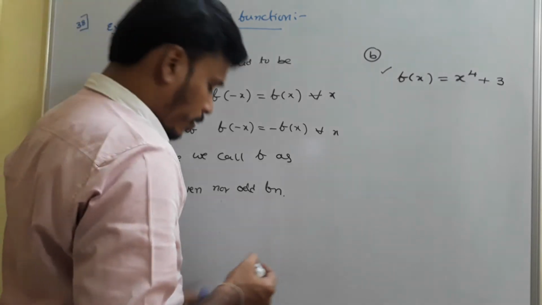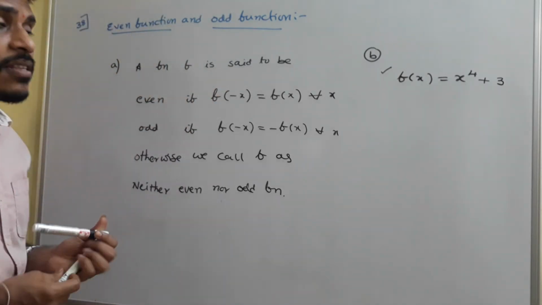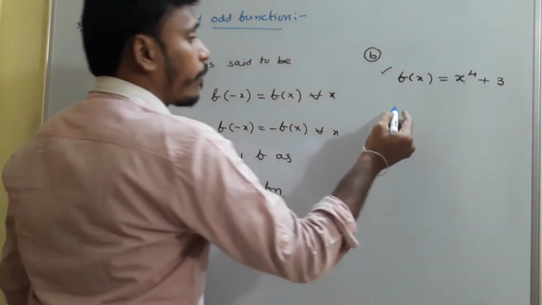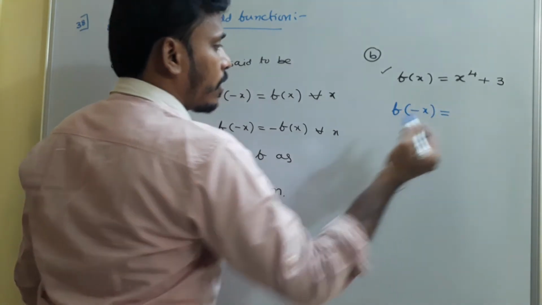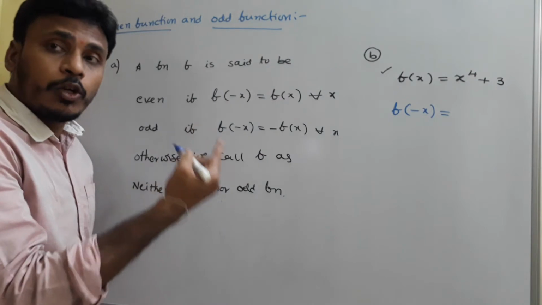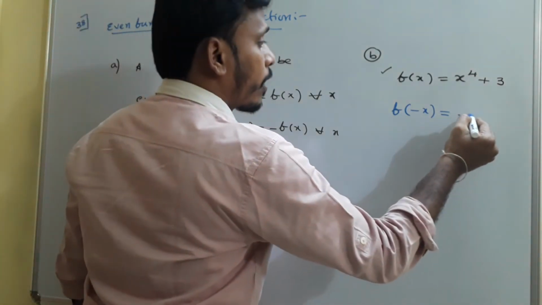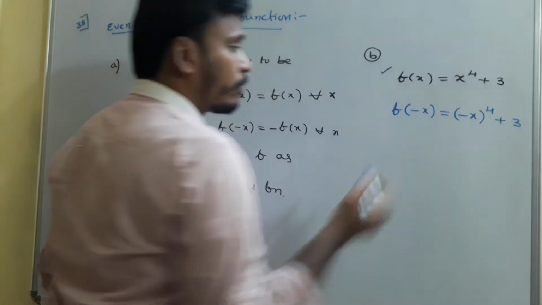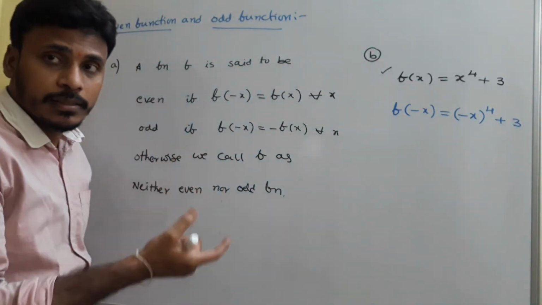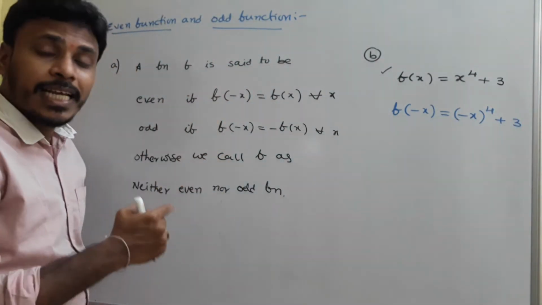To check, we need to replace x with minus x. F of minus x is equal to minus x to the power 4 plus 3. Replace x with minus x.